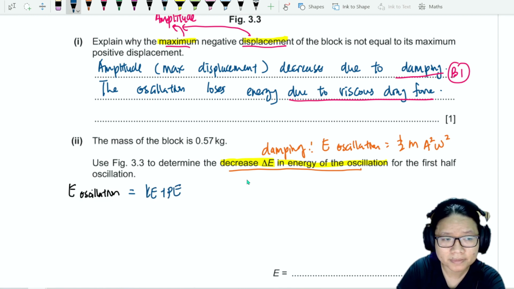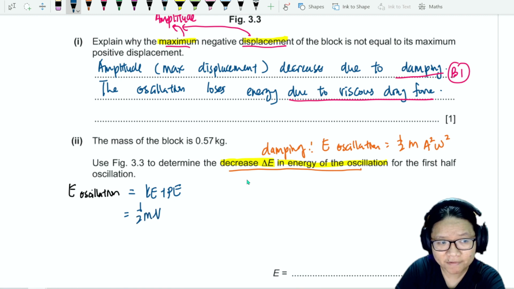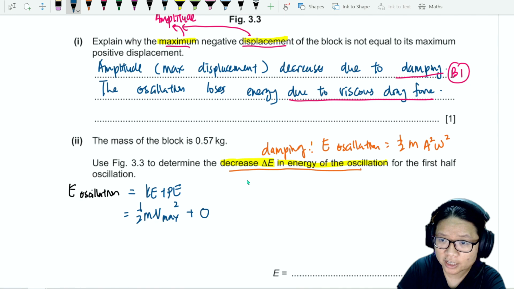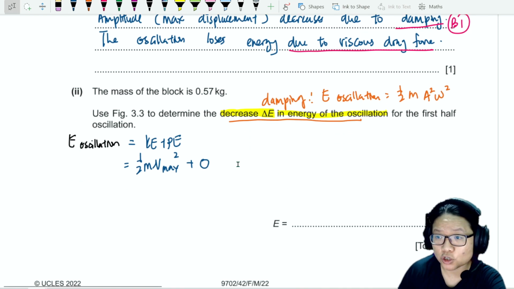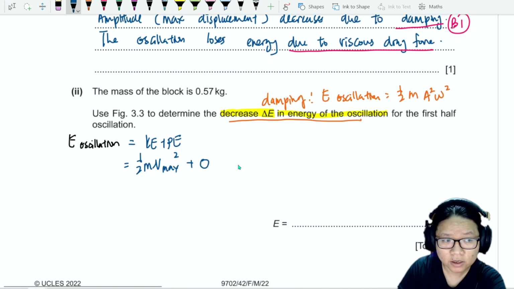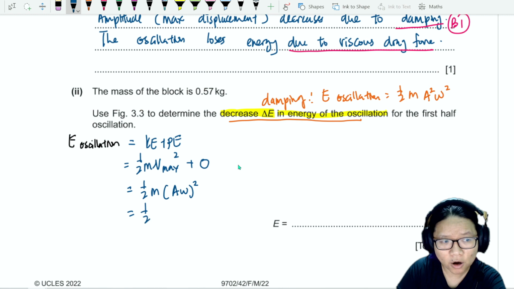But this will be half m v max squared, maximum KE, if the potential energy is 0, meaning when the object is moving the fastest. What is v max? A omega. That's how I remember that energy of oscillation is half m A squared omega squared.